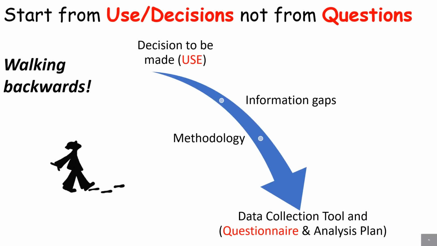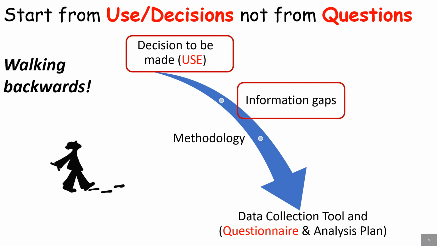In order to ensure we always keep the link between the use of information and the data we collect, it requires us to work backwards. We need to start not from the questions in a questionnaire, but from the use. How are you going to use this information?